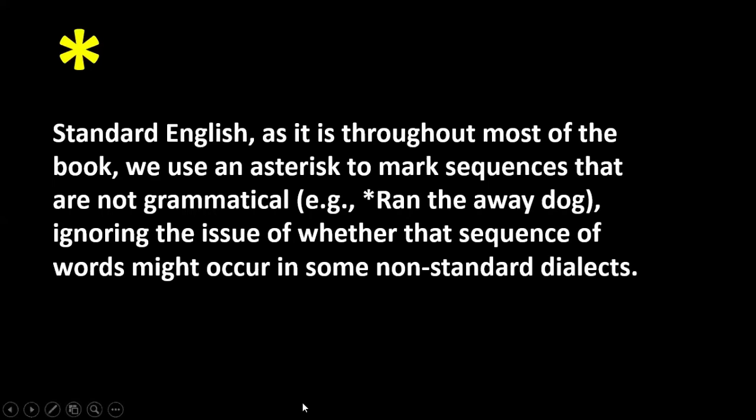In standard English, as throughout most of the book, we use an asterisk to mark sequences that are not grammatical. For example, "ran the away dogs". Now see, this is not grammatical. That's why we are using this mark over here. We use it when we are saying something without grammar, ignoring the issue of whether that sequence of words might occur in some non-standard dialects.